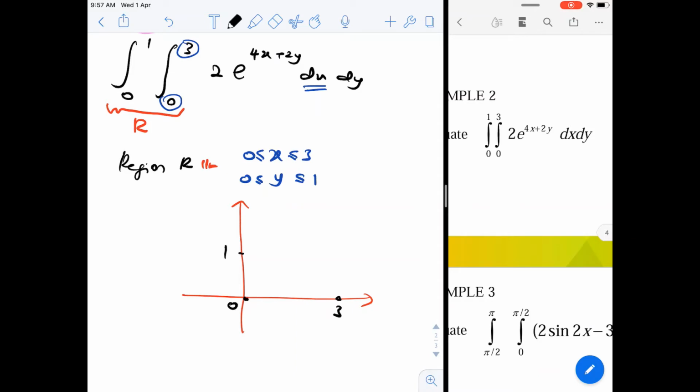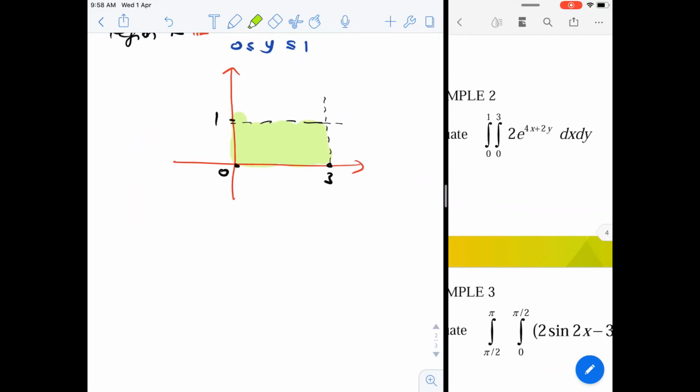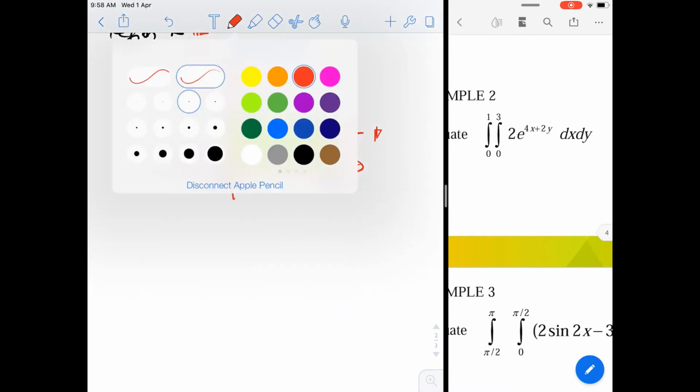So now this is the rectangular region. Okay, so let me shade the region. Here, this is the region. Let us solve this question.